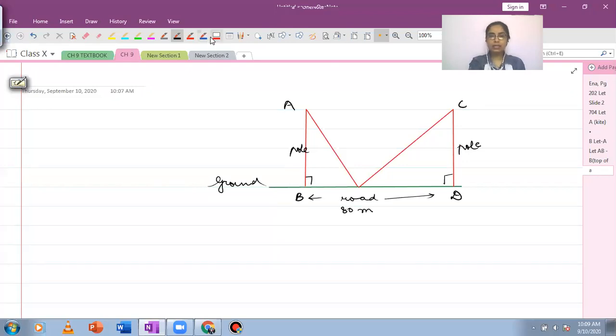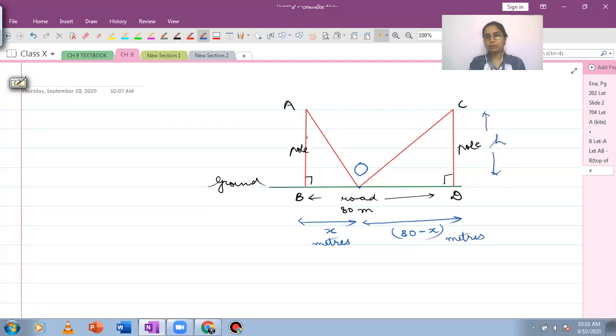And I'm going to take the distance from point B to point O as x, then the distance from O to D will be 80 minus x. And both these distances will be in meters. And since the height of the two poles is the same, let's just mark them as h. Other than this, we have the angles of elevation for both the poles' tops.